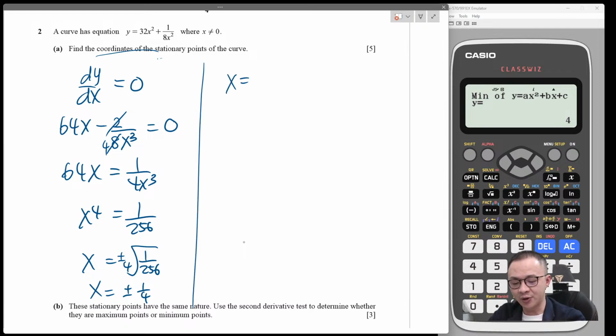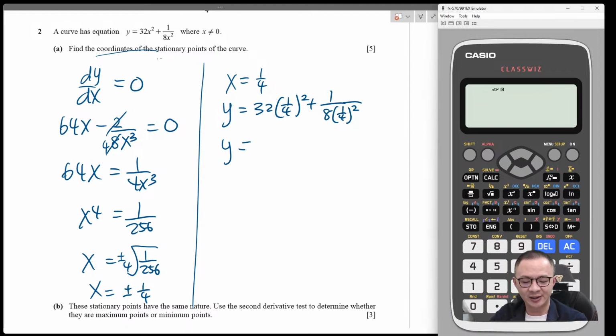So when x equals positive 1 over 4, I want to know what my y value is, so you just insert into it. I prefer to use the calculate method on the calculator to substitute, because later I want to substitute negative 1 over 4.